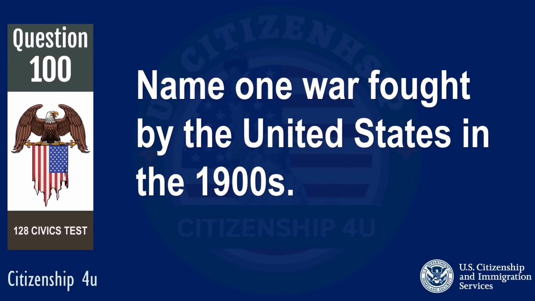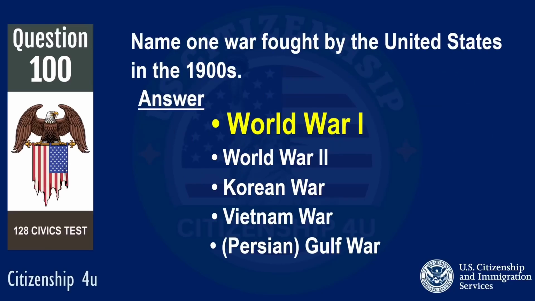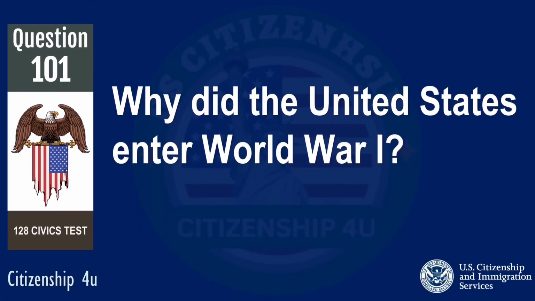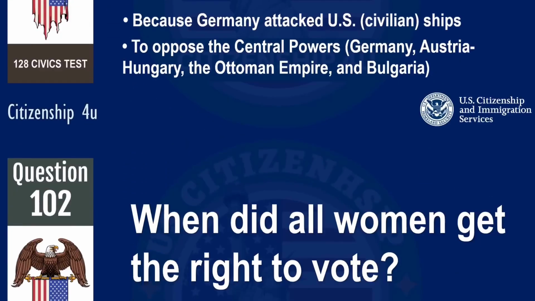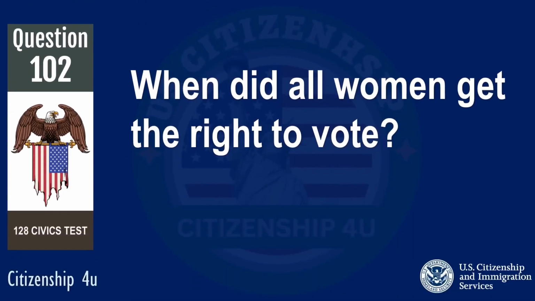Name one war fought by the United States in the 1900s. World War I. Why did the United States enter World War I? To support the Allied powers. When did all women get the right to vote?